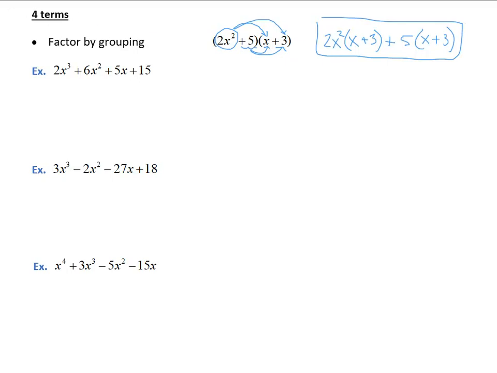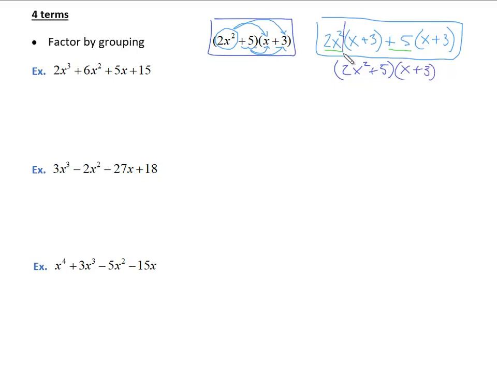And the reason I'm pointing that out is because we're going to get to something where we get to here, and we're going to need to recognize that that is the same, a little darker color, as this. We need to recognize that if I have 2x squared plus 5, both being multiplied by x plus 3, we can write that as 2x squared plus 5, the quantity, times x plus 3.